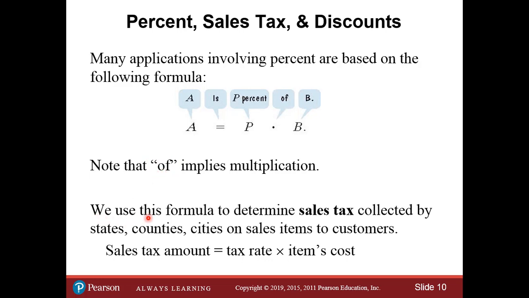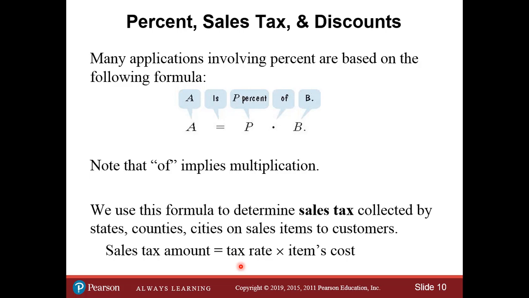So if we use the formula to determine sales tax, right? So again, what is the amount of tax that you're going to pay on something, whether it's state tax, county, city, or sales tax for customers. The sales tax amount is going to be the tax rate, which is usually a percentage, but we always transform it to a decimal when you are using it in a calculation.